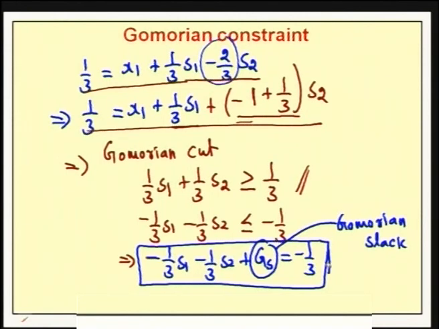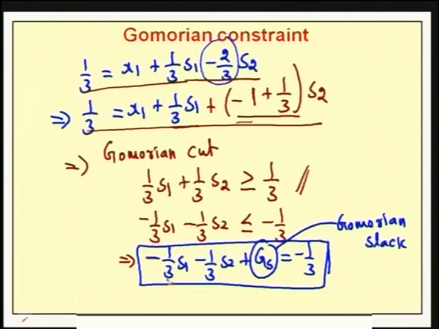Now, we should attach this Gomory constraint to the optimum simplex table and solve the resulting LPP using the dual simplex method. So, in order to convert the non-integer optimum solution into an integer solution, first we have to construct a Gomory constraint.